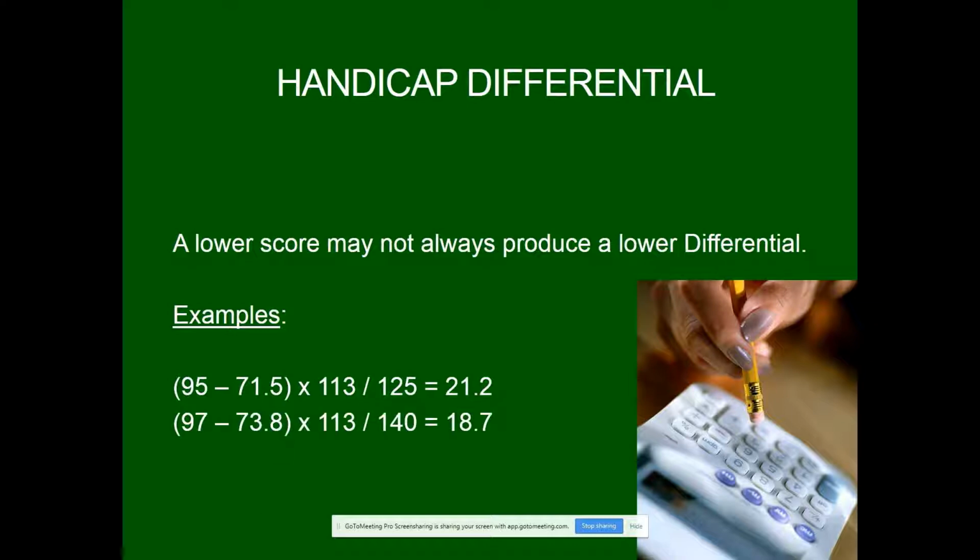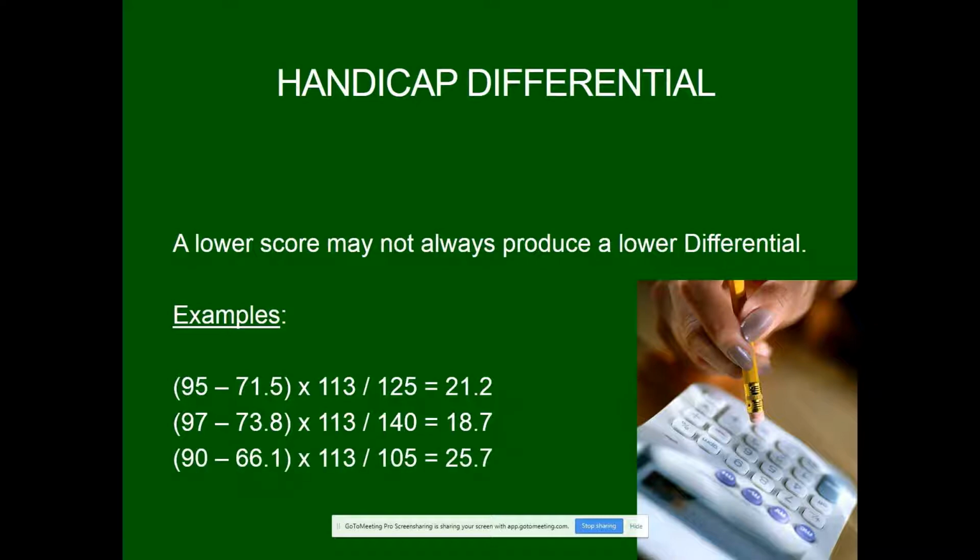Now here's somebody who shot a higher score of 97, but their rating went up 2.3 strokes to 73.8. Also, the slope went up substantially from 125 to 140. As a result, even though that person shot a higher score, their differential actually went down to 18.7. That's because they're playing a substantially harder golf course. So even though they shot a couple strokes higher, the differential went down.